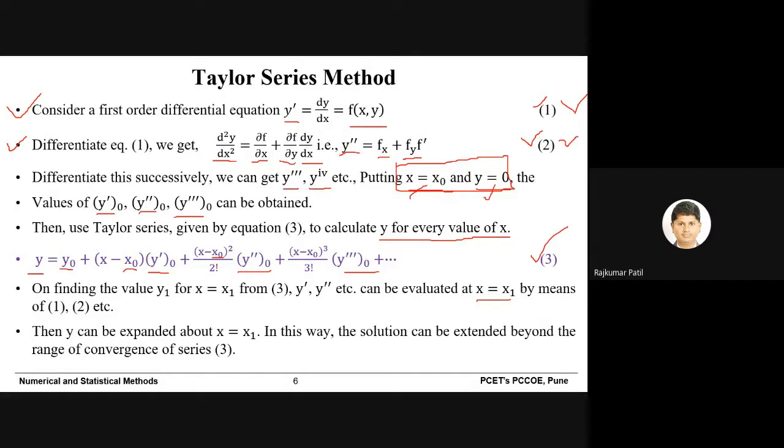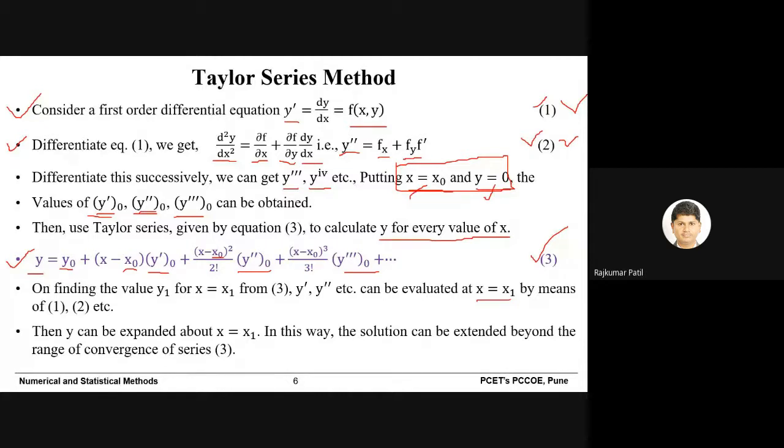You can calculate y dash naught, y double dash naught, and so on. Then put all these values in the Taylor series equation, so that ultimately that equation will be expressed in terms of x. So once that generalized equation, in this case equation number 3, is available to you, you can put any value of x to calculate the value of y.